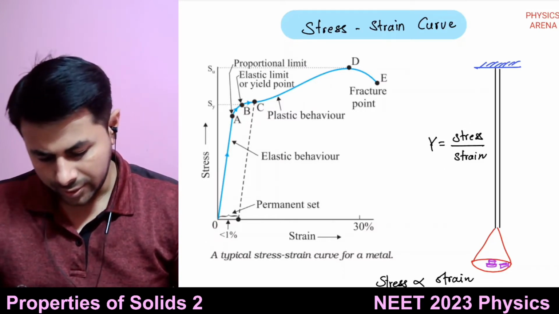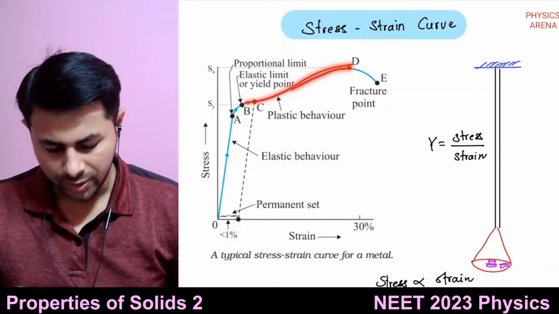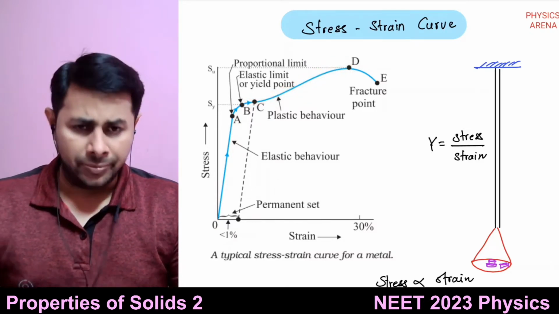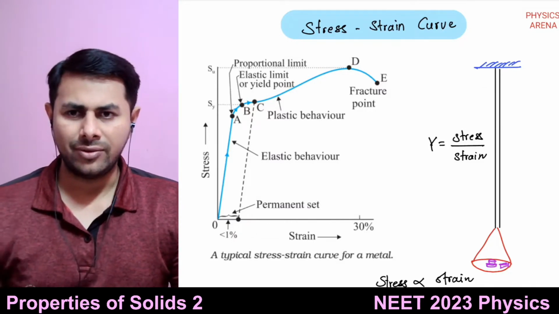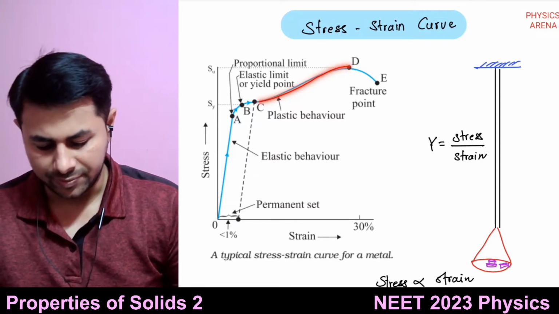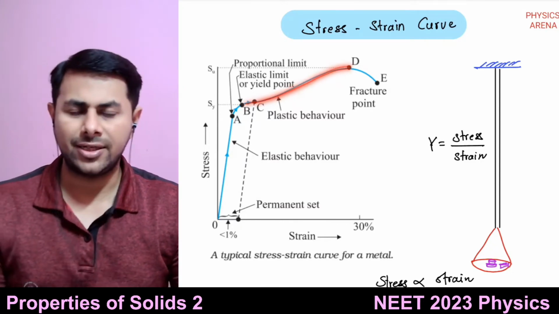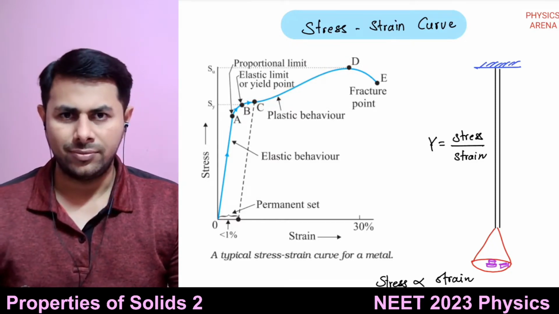So in this region from B to D, the wire is flowing. This is known as the plastic region, and this flow is known as plastic flow.